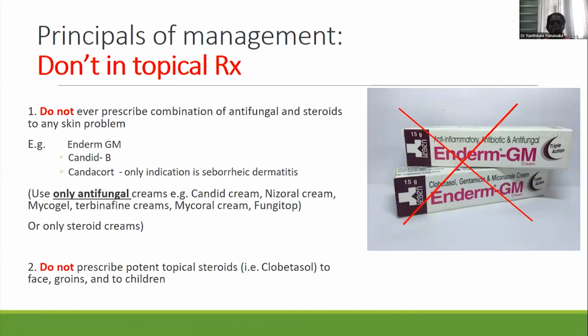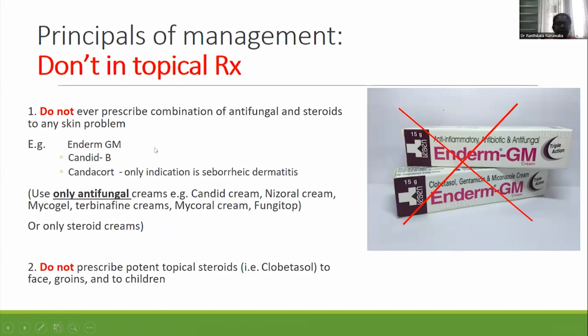So in principles of management, you should not do topical treatment. Do not ever prescribe a combination of antifungal and steroid for any skin problem. Not only fungal, any skin problem.